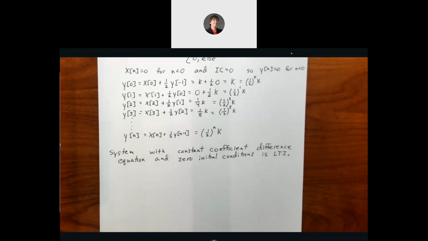So the equivalent of what we saw in our continuous time, we have the same idea for this discrete time case.